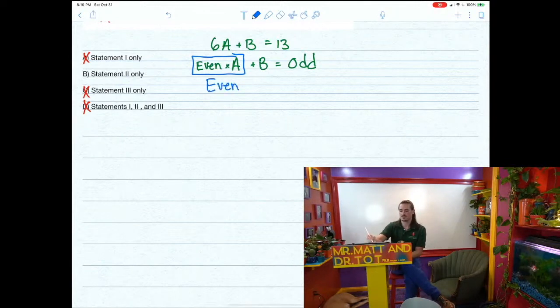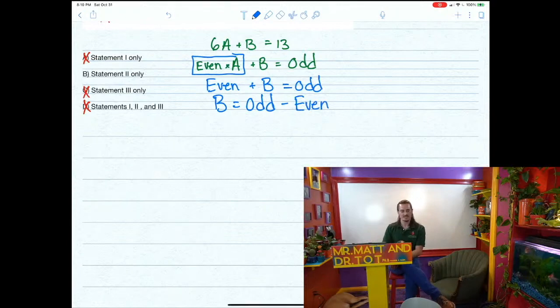So this would turn into an even plus B is equal to an odd. If we subtract away an even on both sides, notice that B has to be equal to an odd minus an even. An odd minus an even is always odd. So you could solve this conceptually as well and see that answer selection B, or in other words, statement 2 only, is the only true mathematical statement listed here.